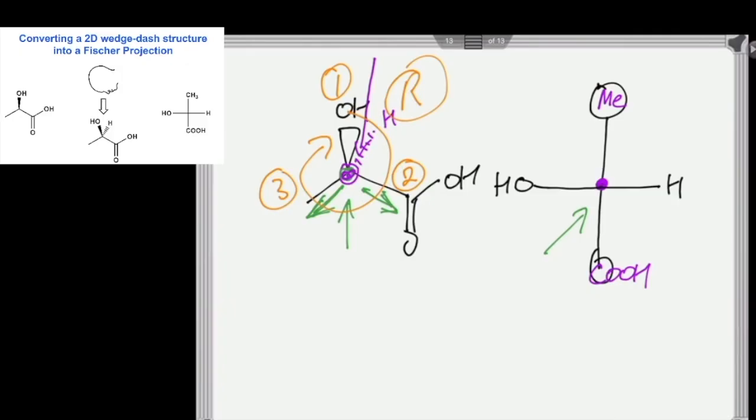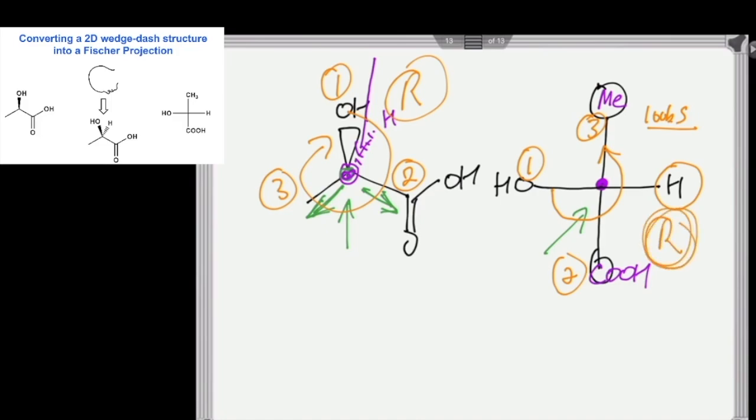If we go over here to our Fischer projection, once again, 1, 2, and 3 looks like it's an S center. Remember, the hydrogen is along the horizontal plane, coming towards you. So this is actually an R center. So we've done this correctly. It's R in the 2D structure, it's R in the Fischer projection also. Okay?